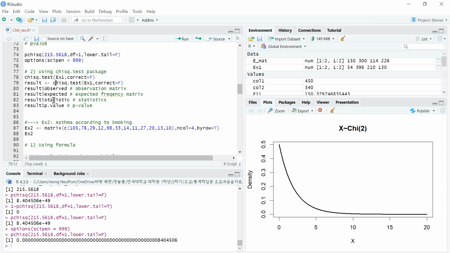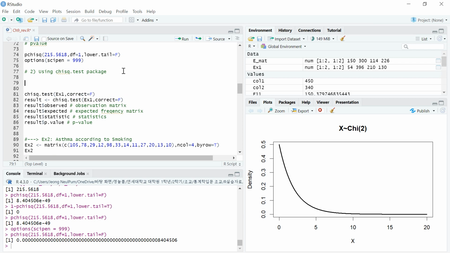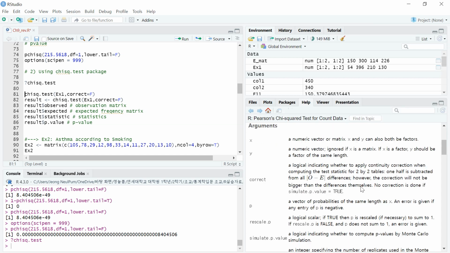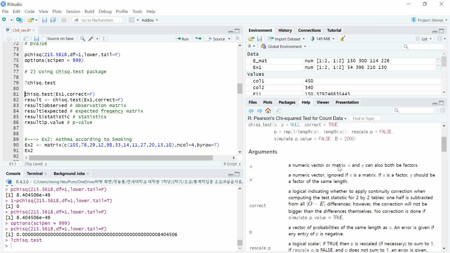And I think it will also be helpful to know the chi-square test function. If you want to know more about this function, you can run this code with a question mark, and then our programming will give you the description of the chi-square.test function.